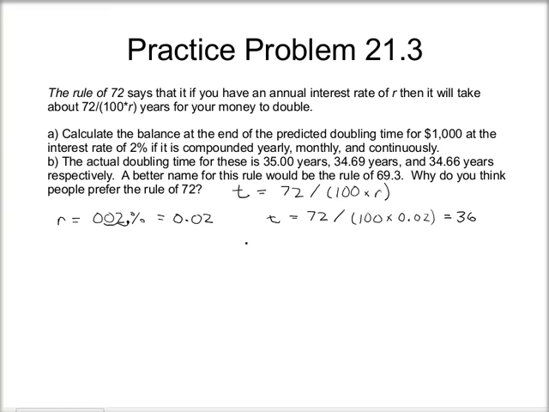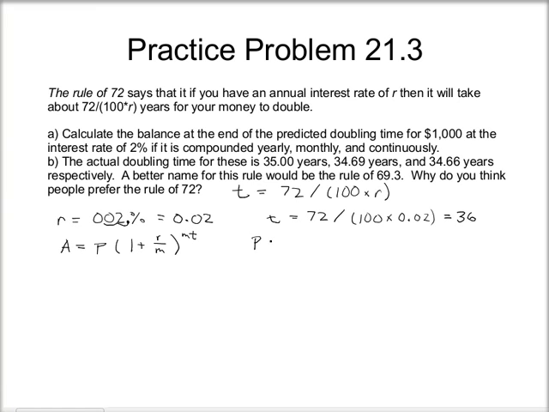Now I want to calculate the balance after 36 years if my interest is compounded yearly, monthly, and continuously. So for those first two parts, remember the formula for compound interest is principal times 1 plus R over M to the power M times T. So if my interest is compounded yearly, I've still got my R equal to 0.02.